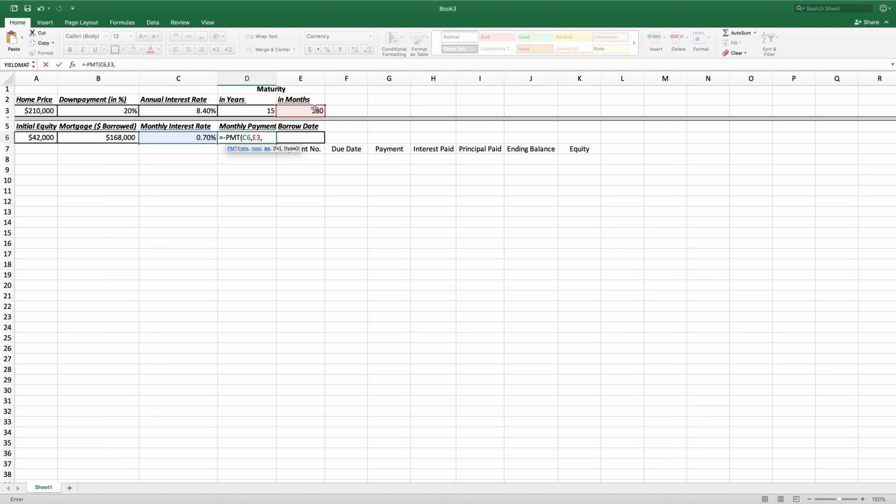Present value is our amount borrowed, 168,000, comma. No future value, and amortized loans are ordinary annuities, so we put a 0 for type. Close parentheses, and like we saw in the previous video, there's a monthly payment of $1,644.53, paid each month to pay down this loan.